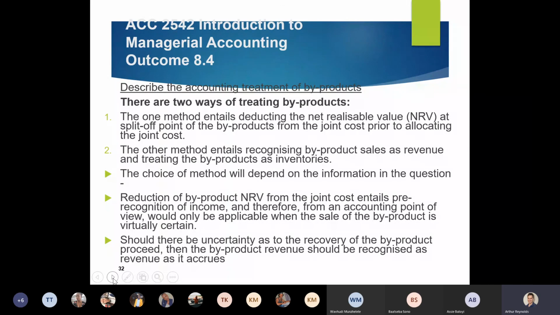The one way is to use the net realizable value of the byproducts and deduct it from the joint cost. So you don't treat it the same as joint cost, you deduct it from the joint cost. And then the other method is by recognizing the byproduct sales as a revenue and treating the byproducts as inventory. And this depends on the information that's given to you.